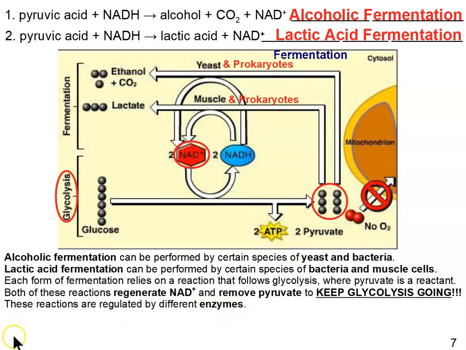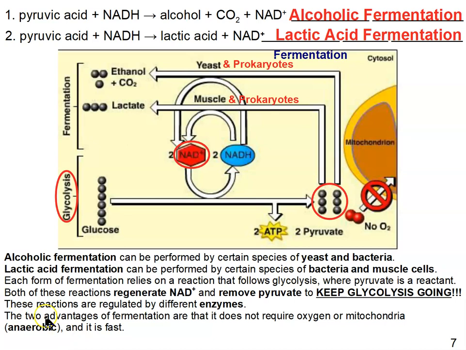Enzymes run the show. And a reminder, because this was on the previous slide too, the two main advantages of fermentation are that it doesn't require oxygen, and therefore it doesn't require mitochondria, and it's fast. So no oxygen required, no mitochondria required, because that's what this part of the diagram is showing, is mitochondria.